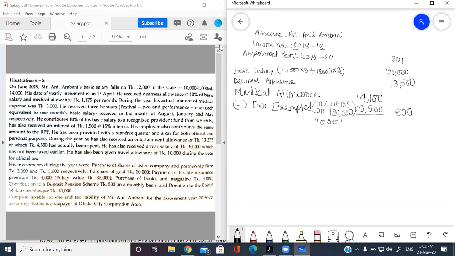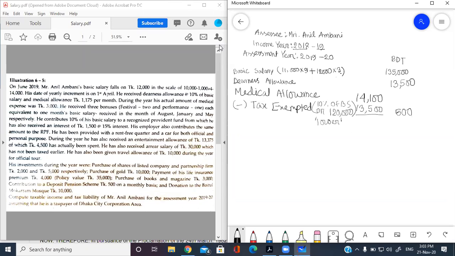So if you don't understand, or if you have not got the learning of this tax exemption, you would pay tax on how much of medical allowance? Total amount. Have you got it? So the thing is that though the sky is foggy today, it is worthy to concentrate on how tax exemption is available from the allowances given.